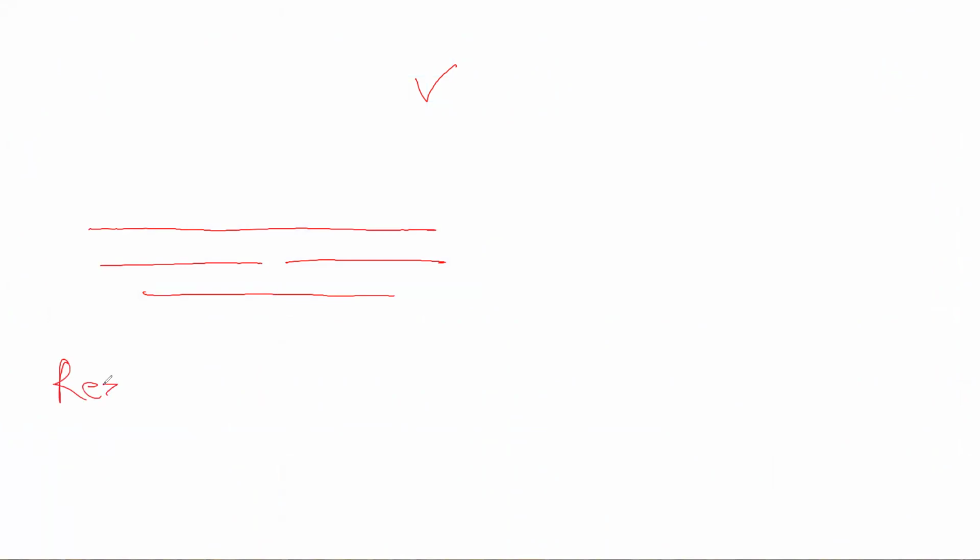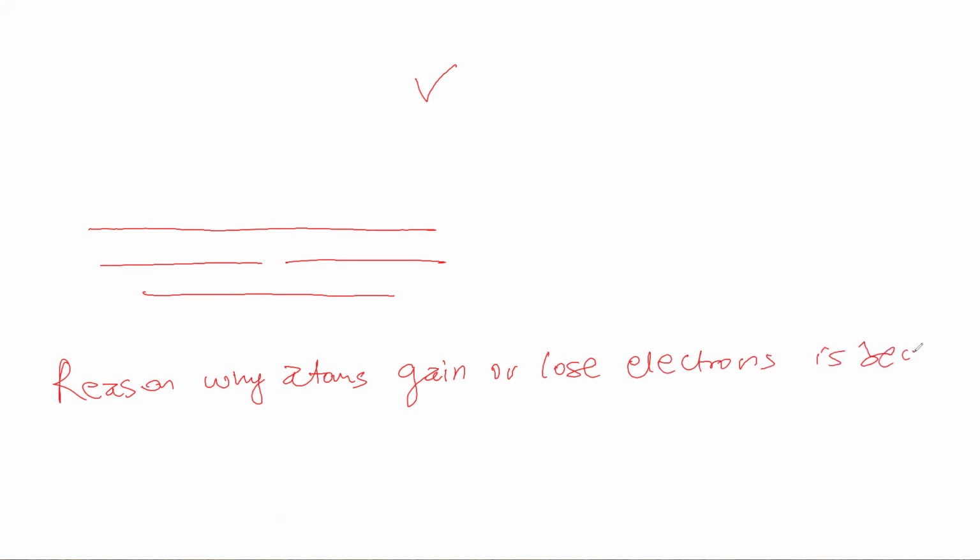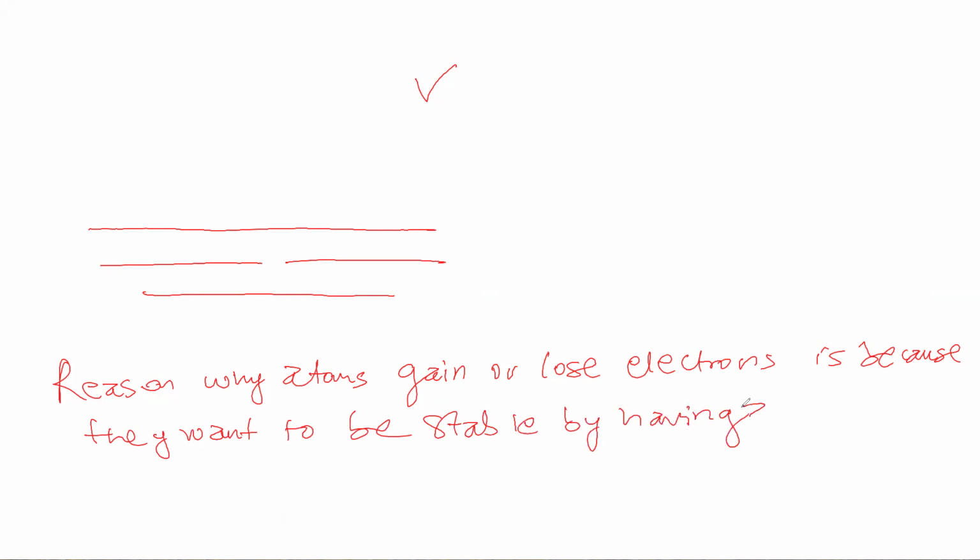The reason why atoms gain or lose electrons is because they want to be stable by having a full outermost shell.